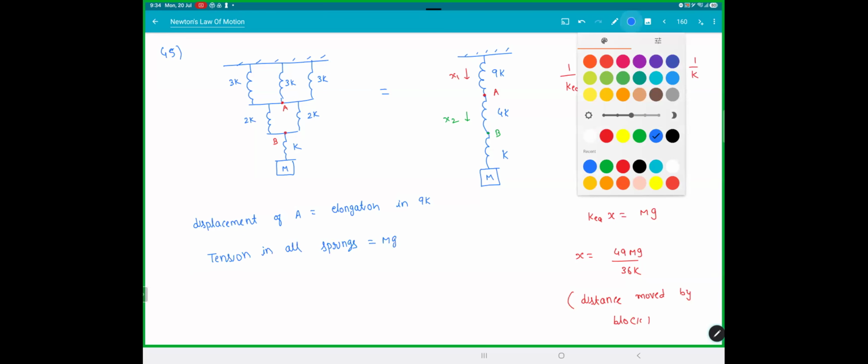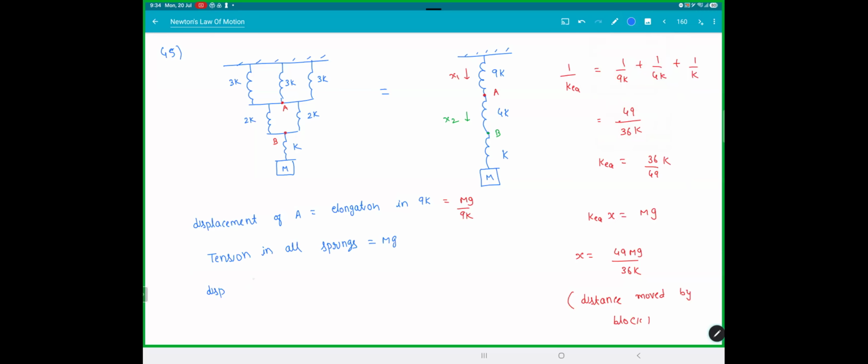Displacement of B is the elongation in 9K and 4K, because whatever 9K and 4K stretch. And how much is that? mg by 9K plus mg by 4K. That's what I said, you need not even find K equivalent.